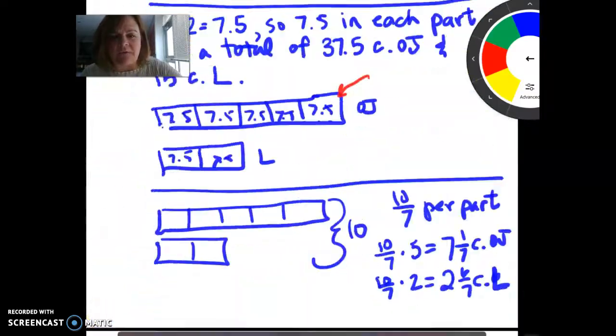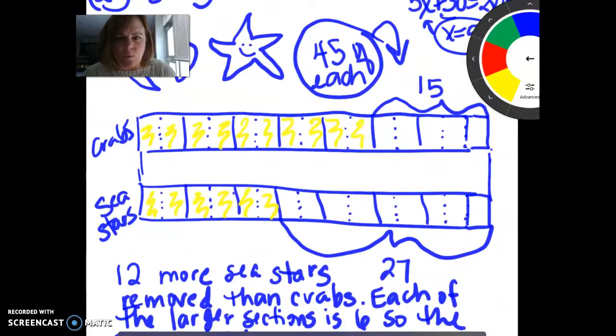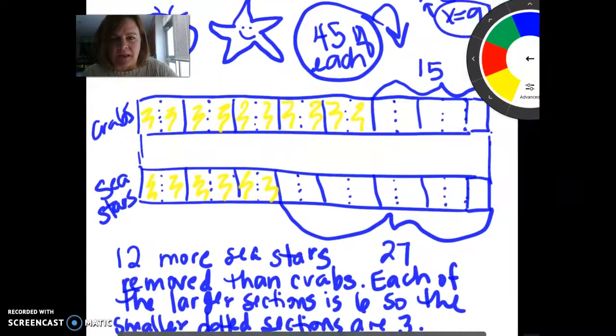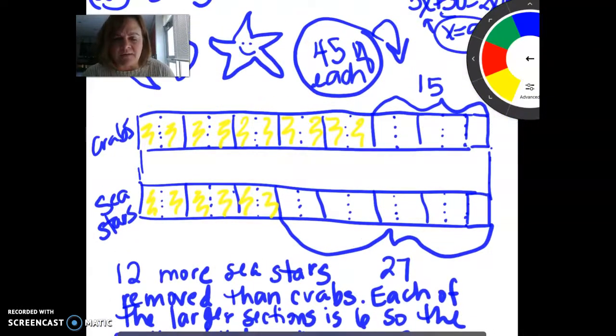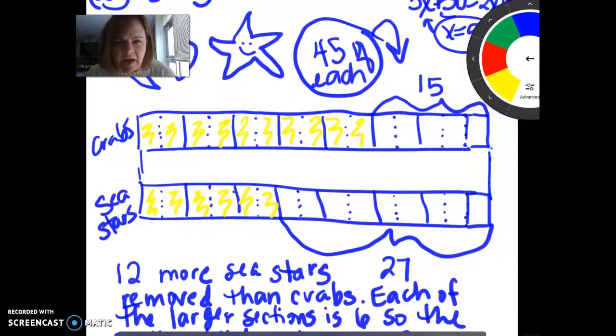We're going to look at this in a very similar way as we looked at the previous problem. We know that we had the same number of sea stars and crabs to start with, so we need to figure out the value of this part.